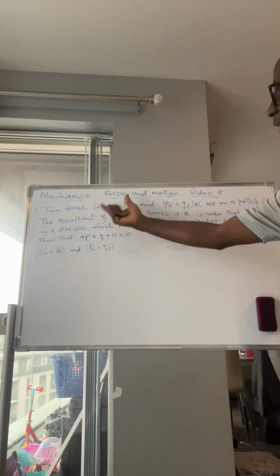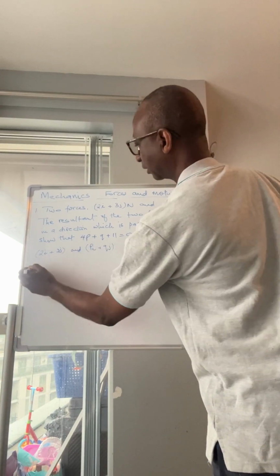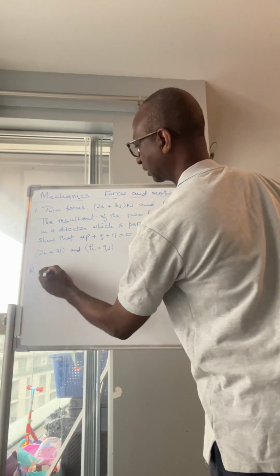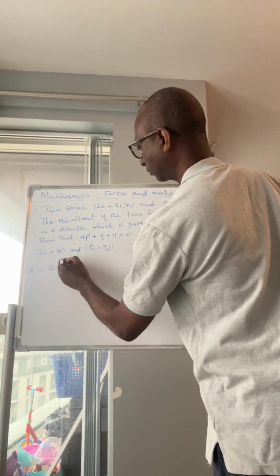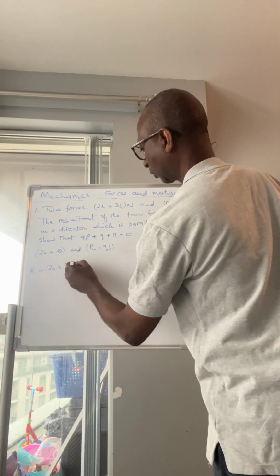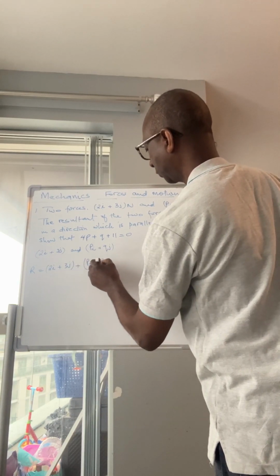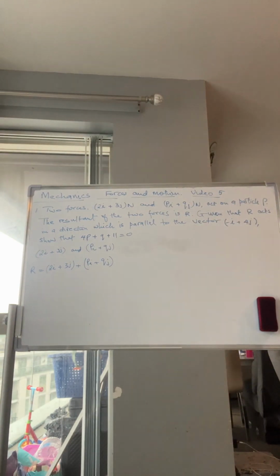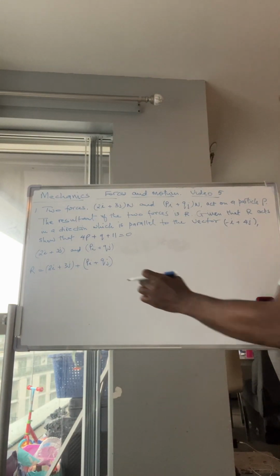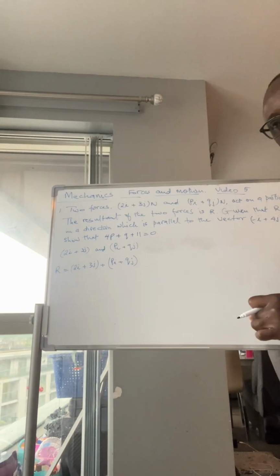So let's find the resultant of these two forces. The resultant is 2i plus 3j plus pi plus qj. That is R, we are told. Since we are adding, let's bring like terms together.